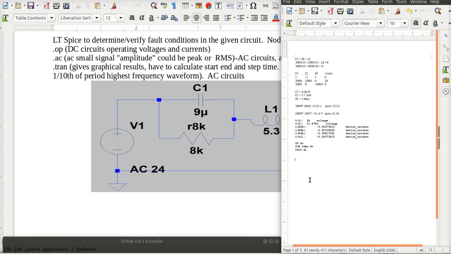So I get IC plus I8 equals IL. So that is the same equation we wrote up here, but now we are in a complex mode, which there's no complex numbers yet, but we'll get there.